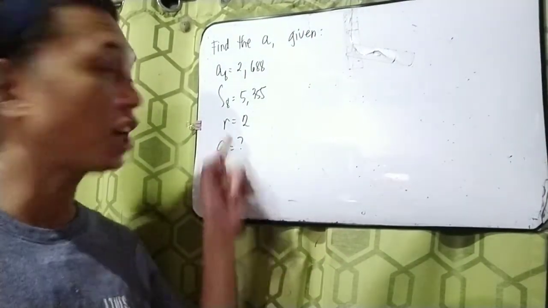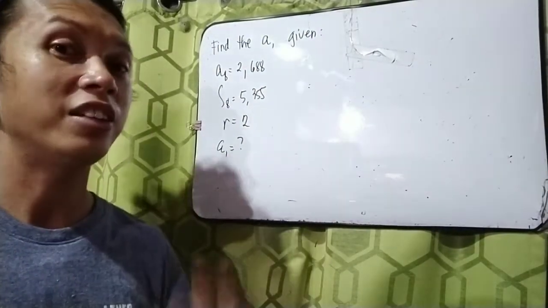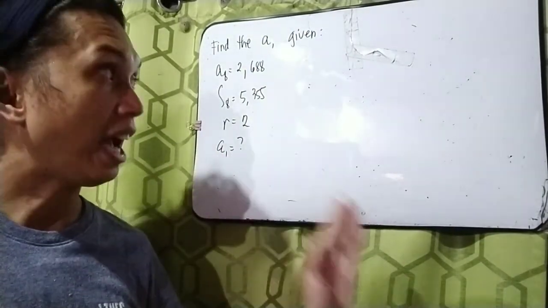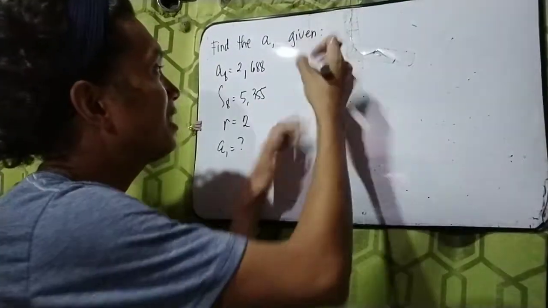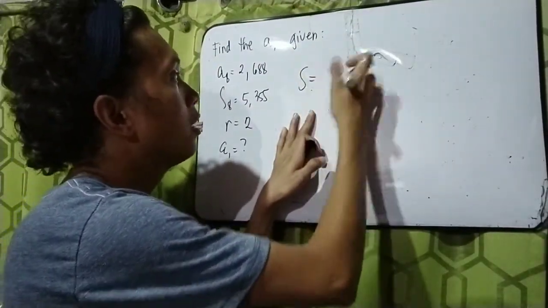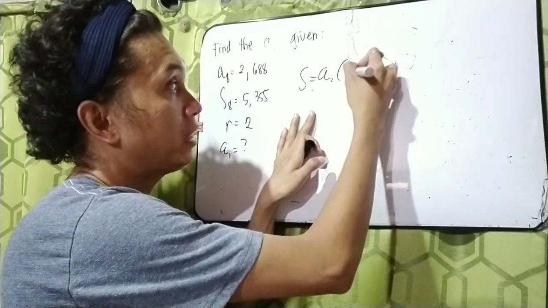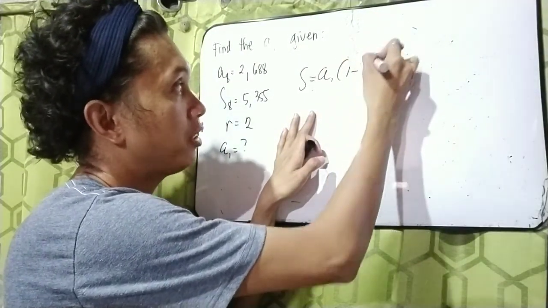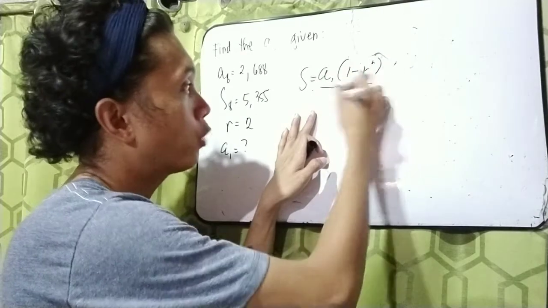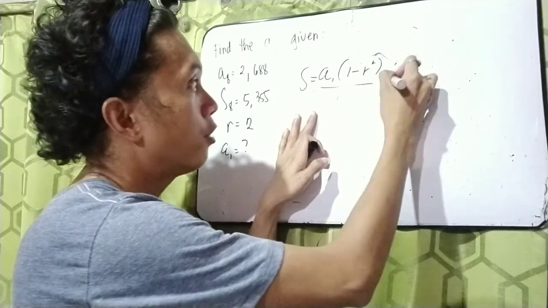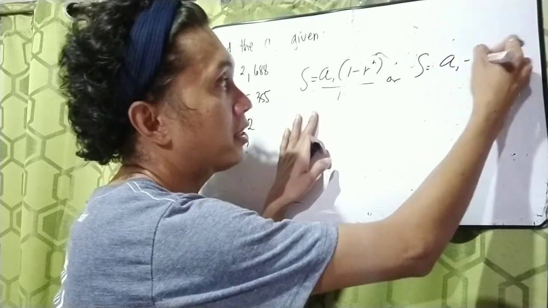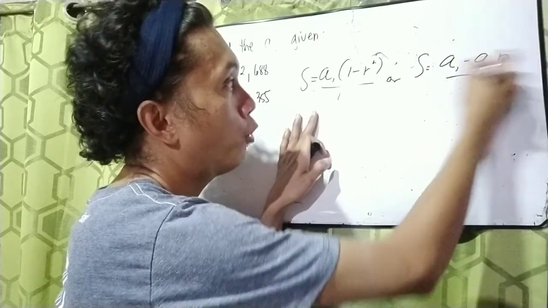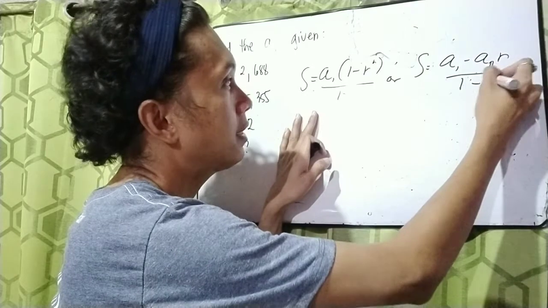Since our common ratio is 2, the options that we have when it comes to formula are S equals a sub 1 times the quantity of 1 minus r to the power of n all over 1 minus r, or S equals a sub 1 minus a sub n r all over 1 minus r.